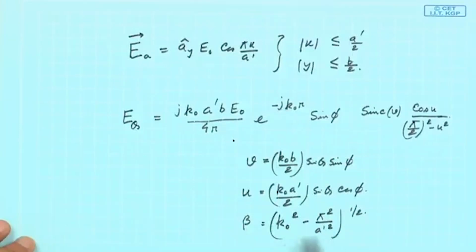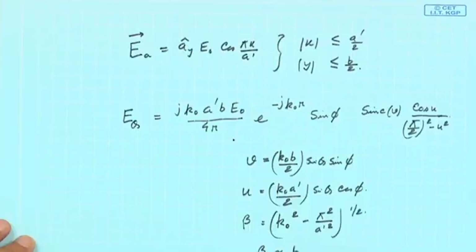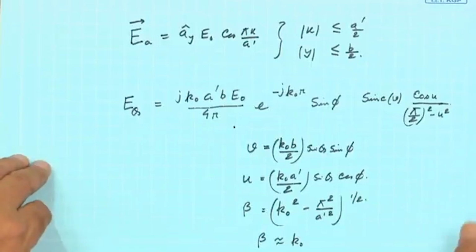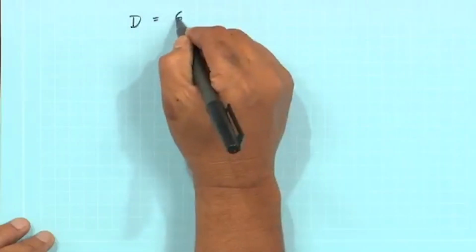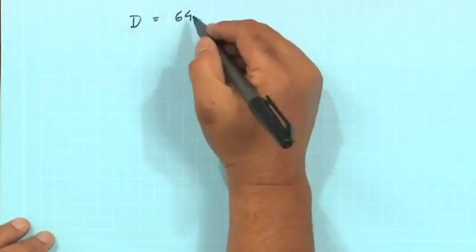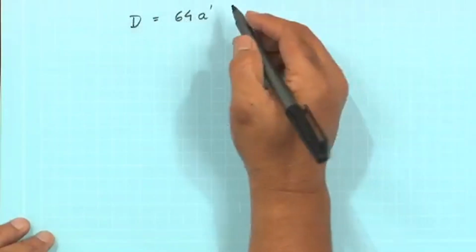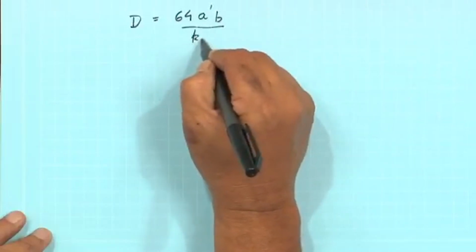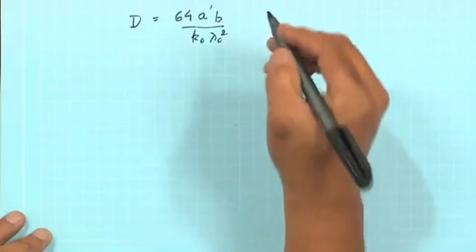You can see from here, since a dashed is large, beta is almost equal to k naught. And D, the directivity of the horn, I am writing from the open ended waveguide, only a is replaced by a dashed: 64 a dash b by pi k naught lambda naught square.